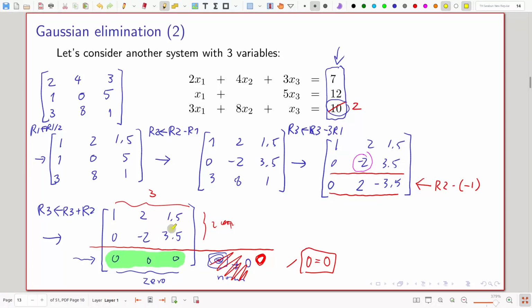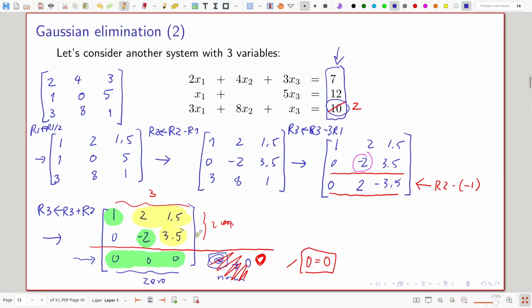In this case, you can say I would set x3 to be something, and then I can solve for x2, and after I get x3 and x2, I can plug them into this equation, and I can solve for x1. Okay, now you can solve it. But everything depends on the value that you set for x3 here. So we'll see more on that later on.